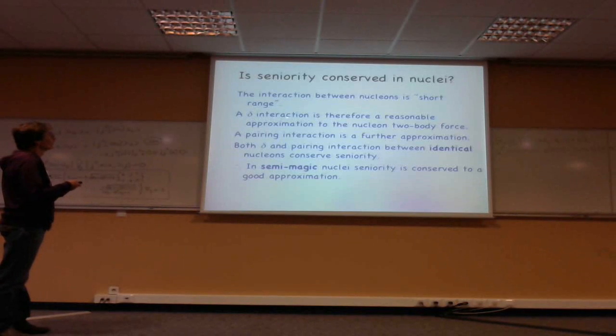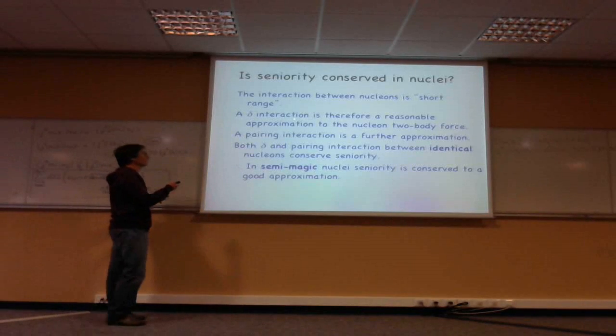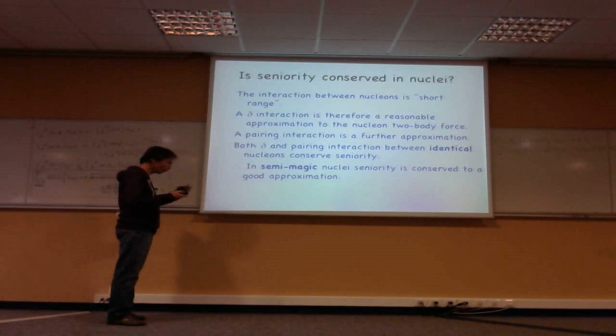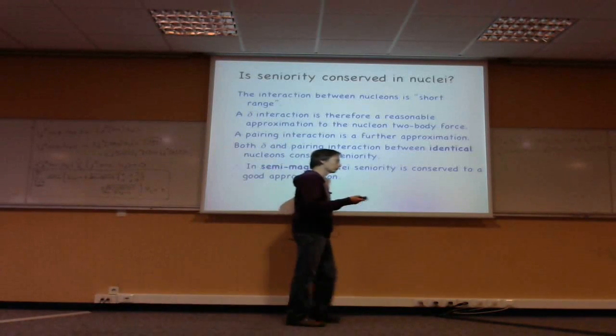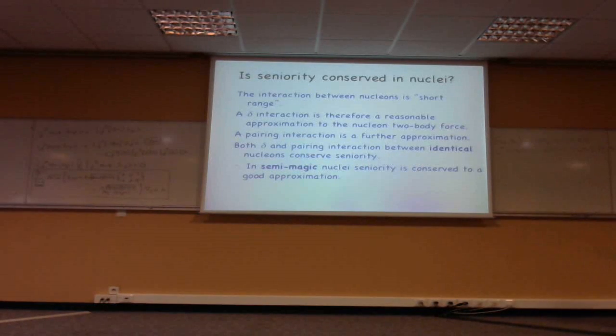And so we will also show this afternoon, or at least not prove, but sort of indicate, that if you take a delta interaction, then a delta interaction also conserves seniority. So this we will show with a particular example.